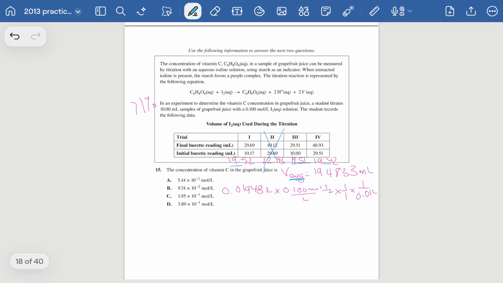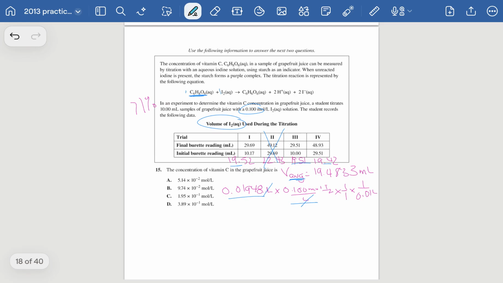Now, what we're using here, this part is telling you it's the volume of I2. So what we can start with is getting to moles of I2 using the volume in liters and concentration. So that part, concentration, was given to you. We'll see that liters cancel, and then you're at moles of I2. Now it is asking you about the concentration of vitamin C, which is this part here.